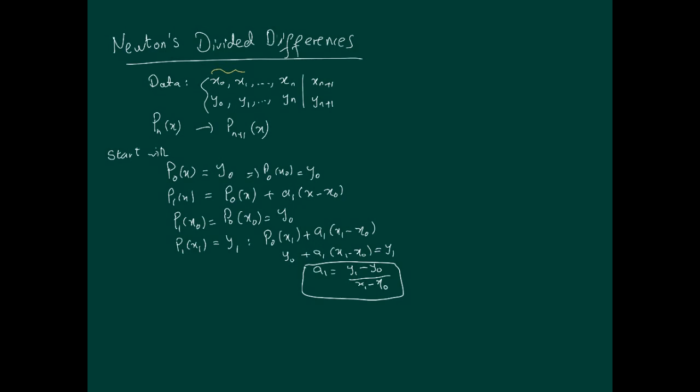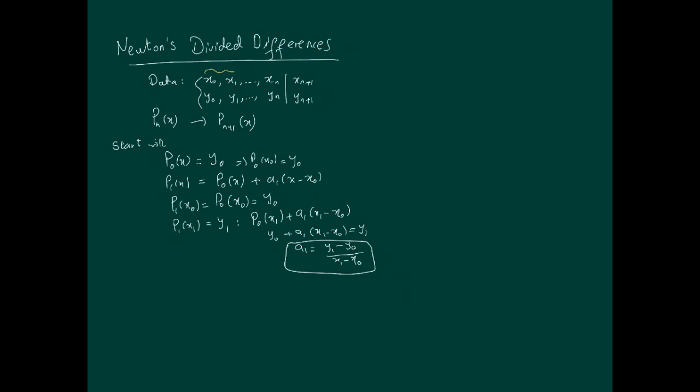In the same way, let us go further and extend this idea to the second order polynomial. So now, instead of just the two data points, we'll have the third data point, which is supposed to be x2 and y2. So let's have a look.